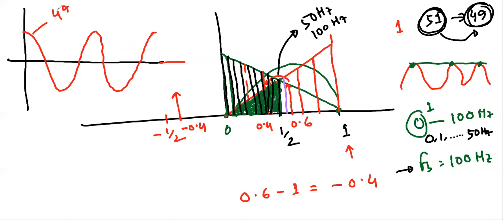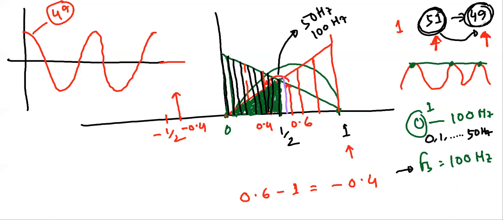This is 49. This is its amplitude, the original 49. Now you are getting a new 49 hertz, from 51 hertz.